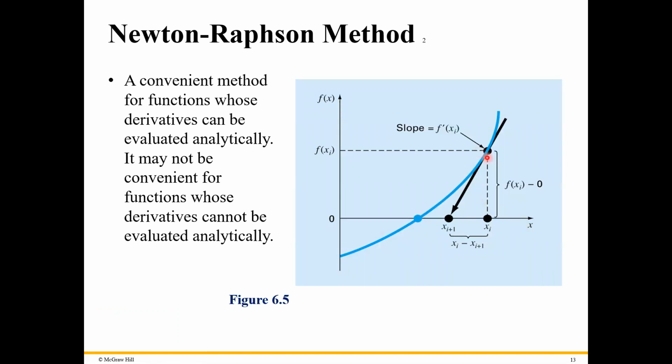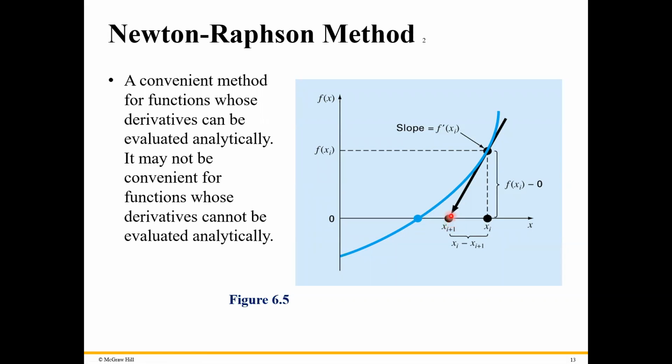Okay, so if I draw a tangent at this point, you can see that this tangent intersects the x-axis at xi plus 1. So this will be our next iteration. Okay, and then in the next point, what will you do?